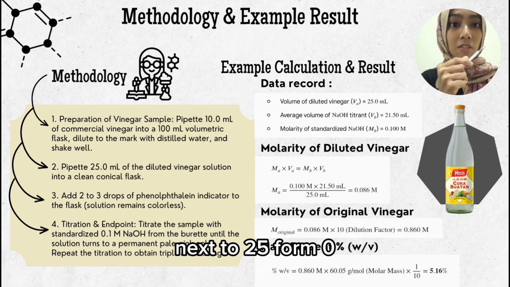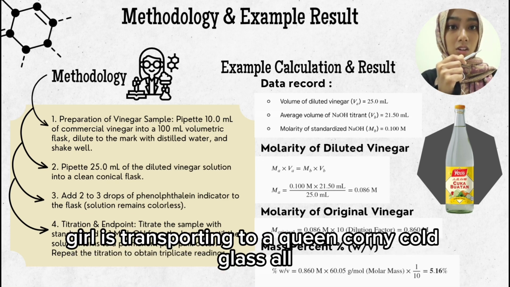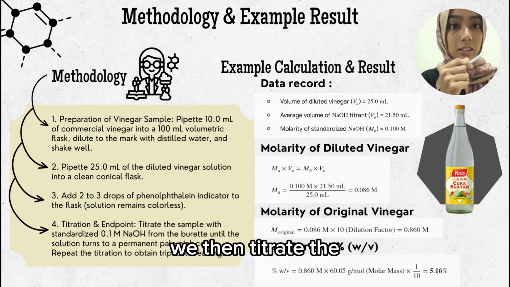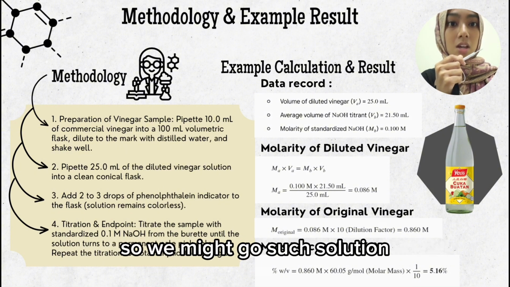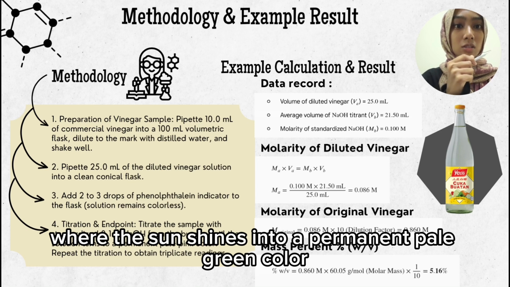Next, a 25.0 ml aliquot of this diluted vinegar is transferred into a clean conical flask, followed by the addition of 2 to 3 drops of phenolphthalein indicator. We then titrate the sample against a standardized 0.1 M sodium hydroxide solution until it hits the endpoint, where the solution turns a permanent pale pink color.